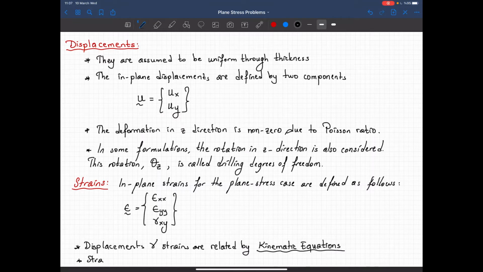And strains and stresses are related by constitutive equations.